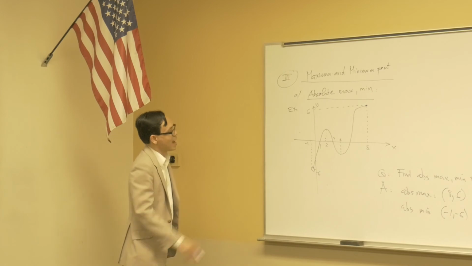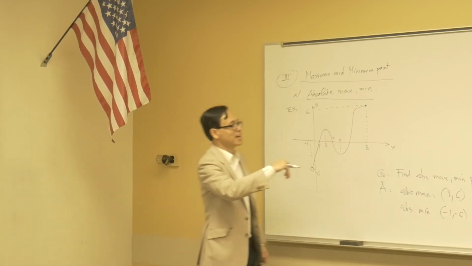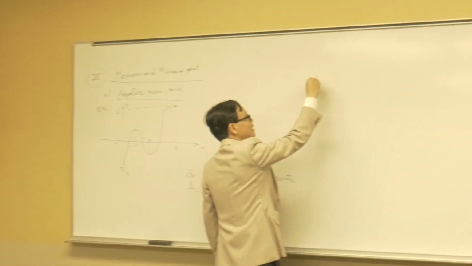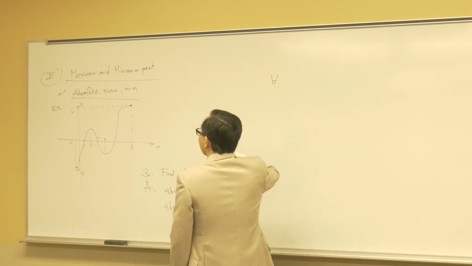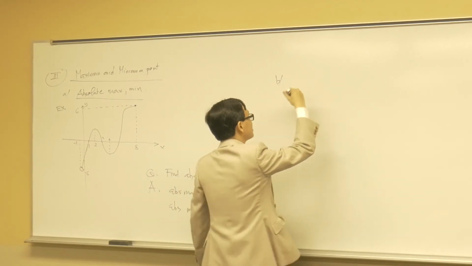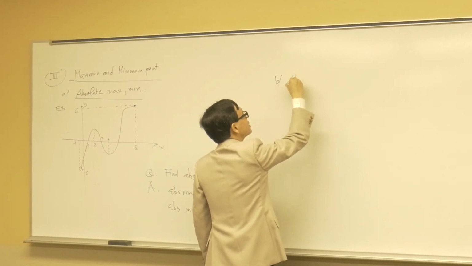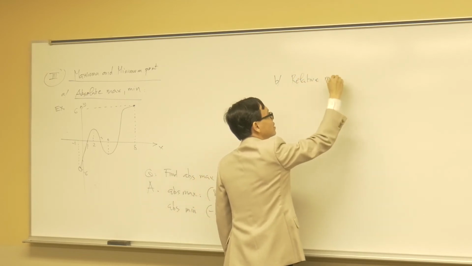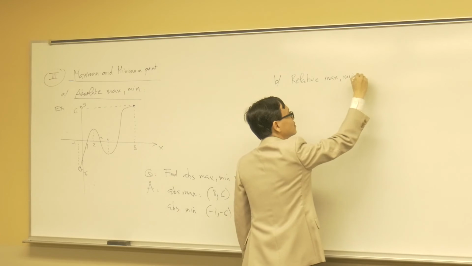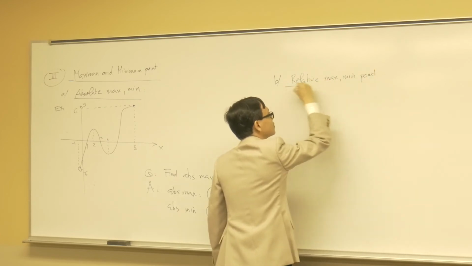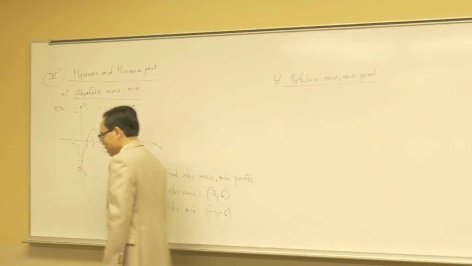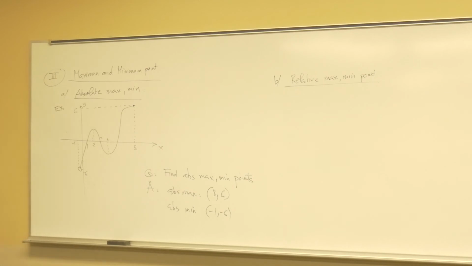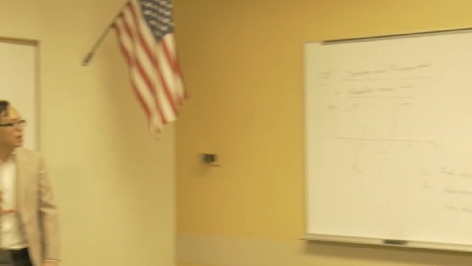Now let's consider the second part. We have another type of maximum, which we call relative max and min. What is relative and what is absolute?